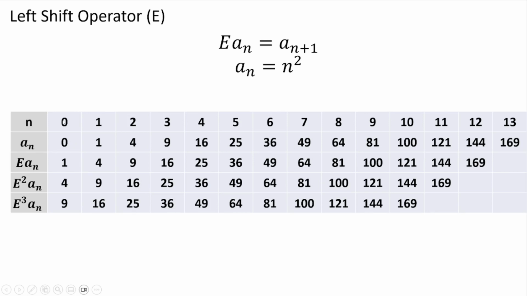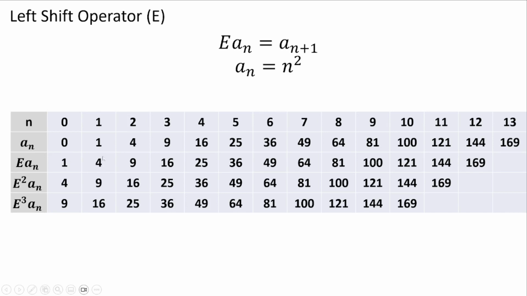E a_n means that if we plug in 0 to E a_n, we instead plug in E of 0 plus 1, which is a_1. When we plug in 0, it's as if we plug in 1, so we get 1.